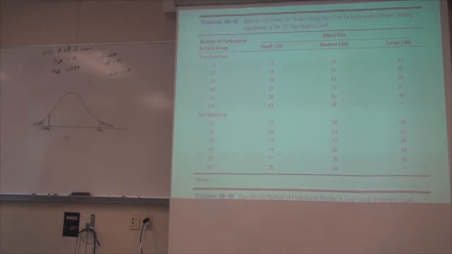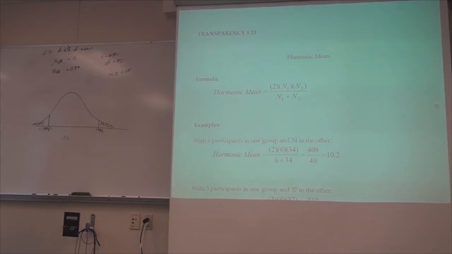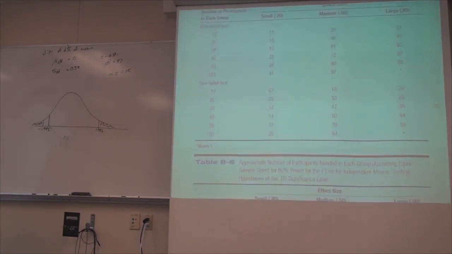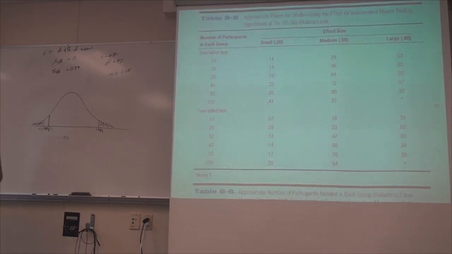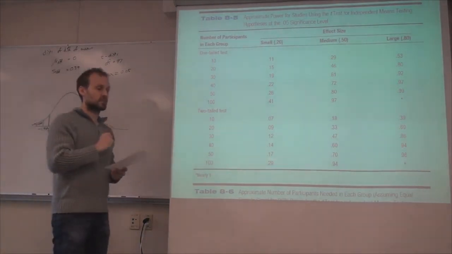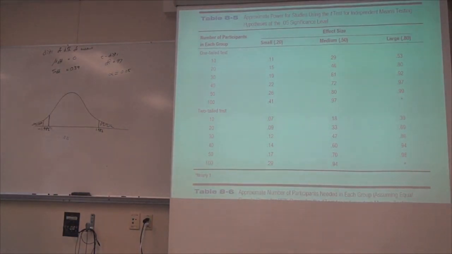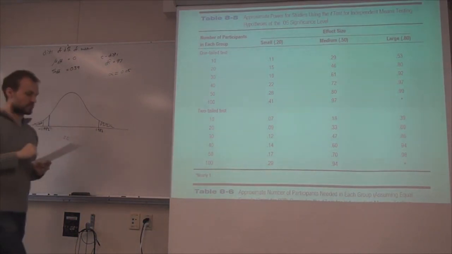Now, the slight little issue is that this table assumes that the sample sizes are the same, and if it's not the same, then I have to adjust the calculation a little bit.